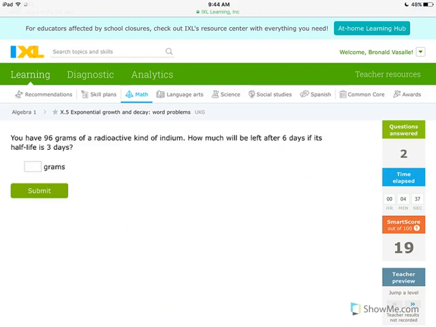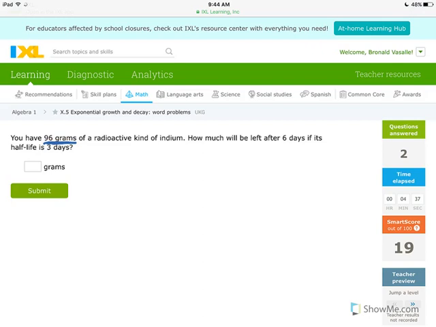And here's the next one. It says you have 96 grams of radioactive indium. How much will be left after 6 days if its half-life is 3 days? So we're starting with 96 grams.